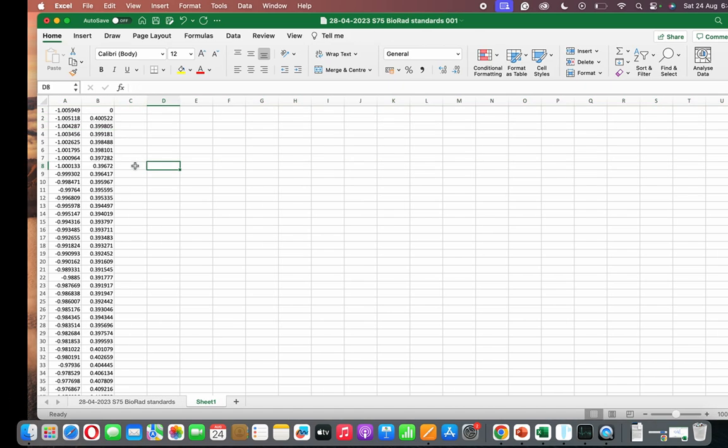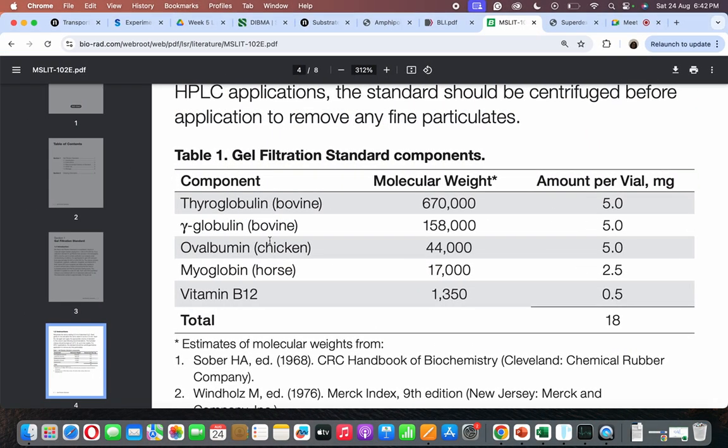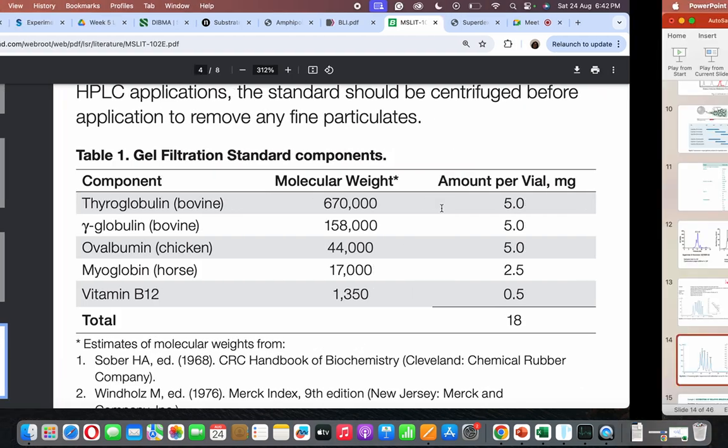Okay, but if you remember, we have components of our standard which are more than 75 kilodalton, right? So these two, like 670 kDa, 158 kDa, these will not be separated by the column at all. So therefore, we will not see these peaks in our standard run.